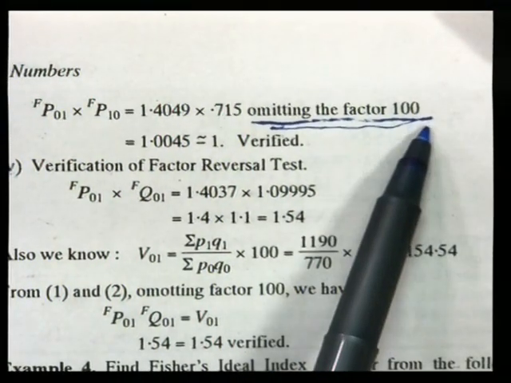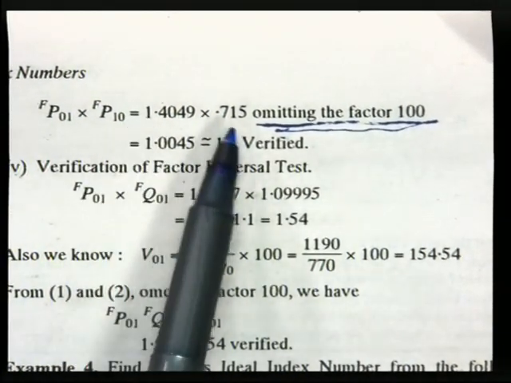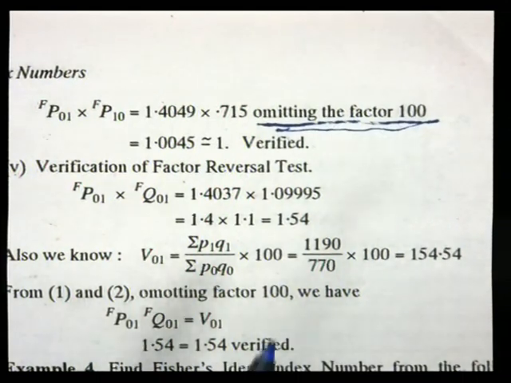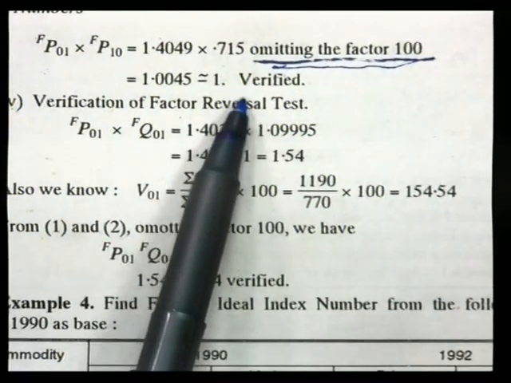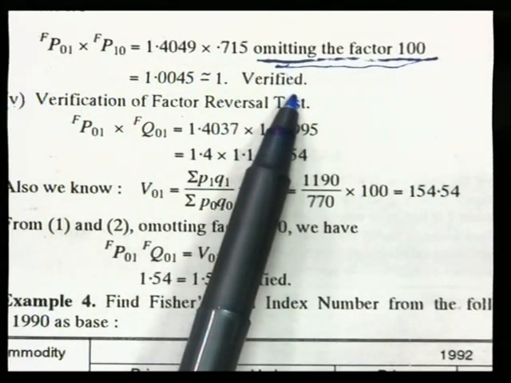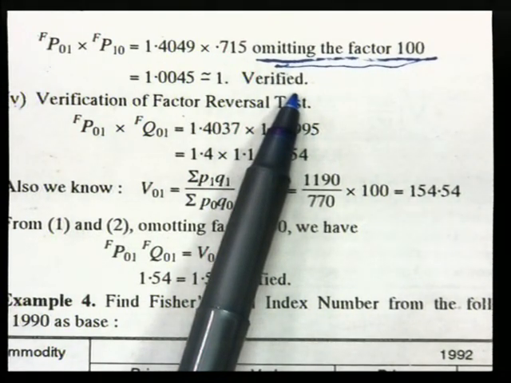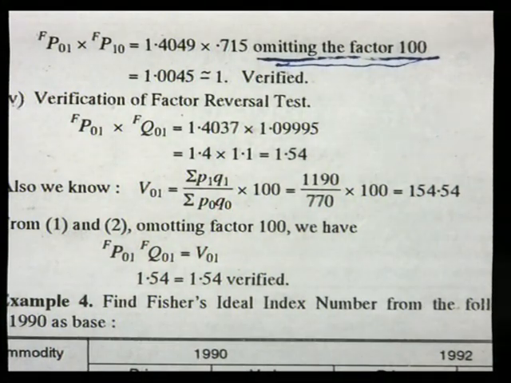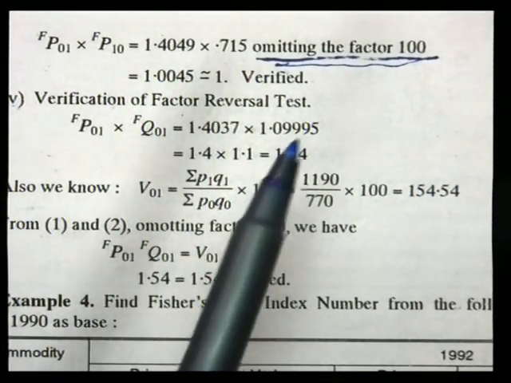The product of this into this is equal to 1.0045, which is nearer to 1, and hence we can say that the time reversal test is satisfied by Fisher's price index number. Fisher's formula satisfies TRT.